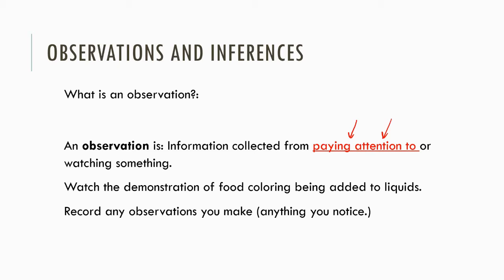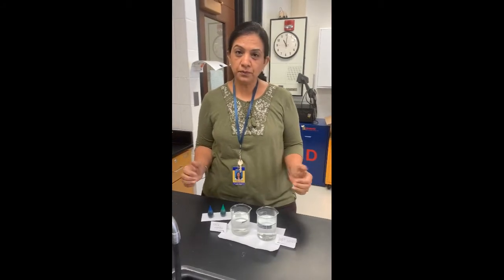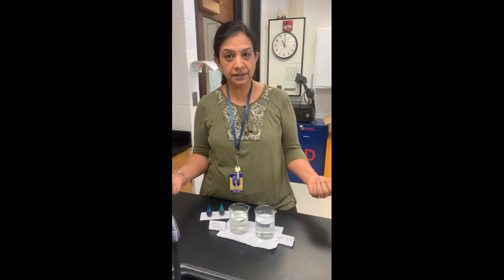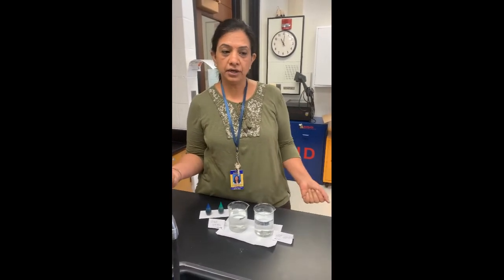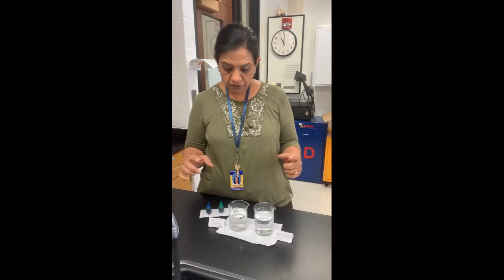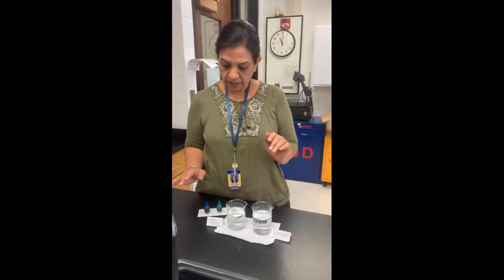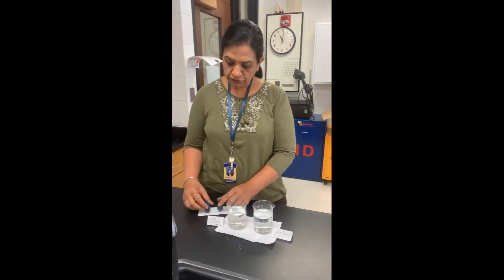All right, here it is. Guys, today we are going to do an experiment, and you're going to observe what is going to happen in the experiment, and that is what you're going to write down in your observation chart. We are taking cold water and some hot water. You can see the smoke coming out of the hot water, and we are going to take food coloring.